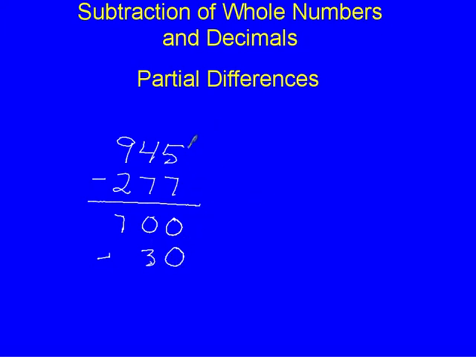And the ones, 5 ones minus 7 ones is negative 2. So going back through, 700 minus 30 is 670. 670 minus 2 is 668.